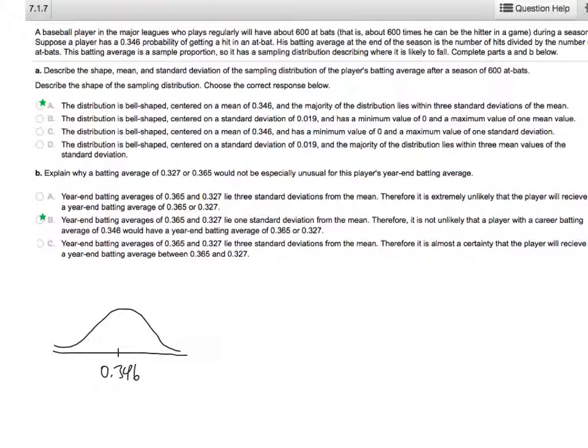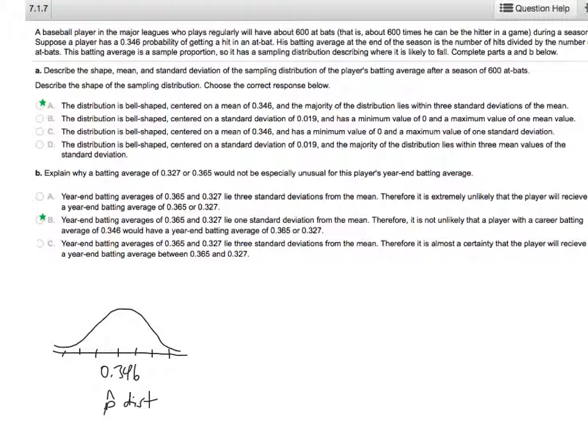The true proportion in the population is the center. This is the p hat distribution again. And then we have 1, 2, 3 standard deviations on each side.